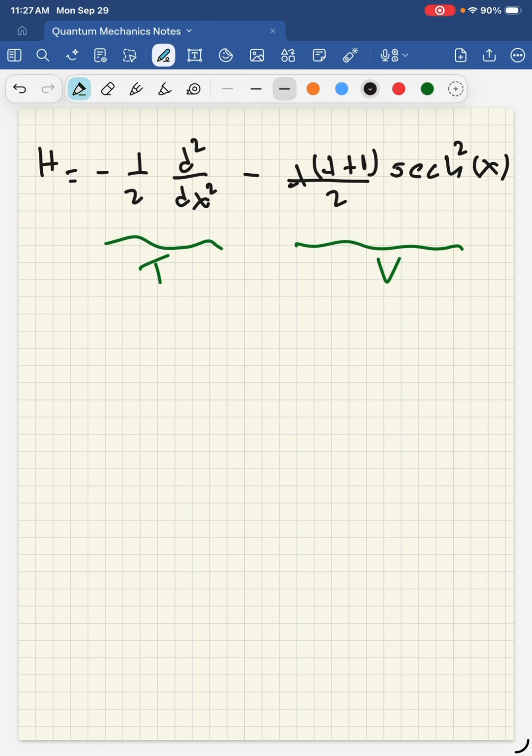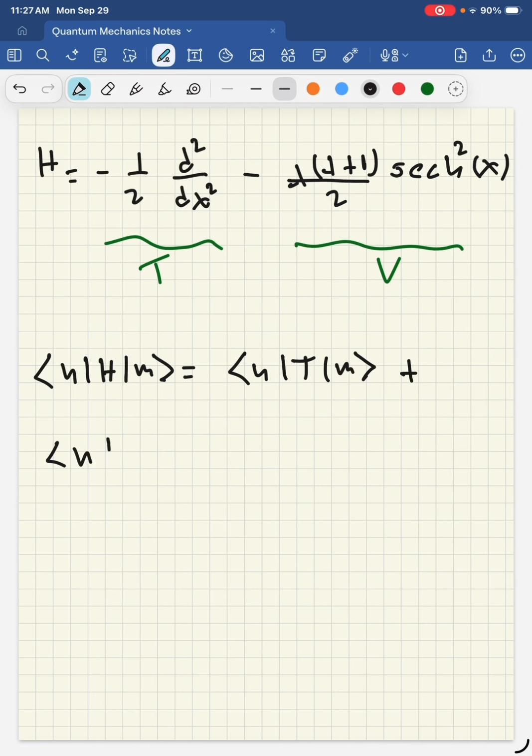So these matrix elements are equal to this plus this. Let's call this T n m, and let's call this V n m.